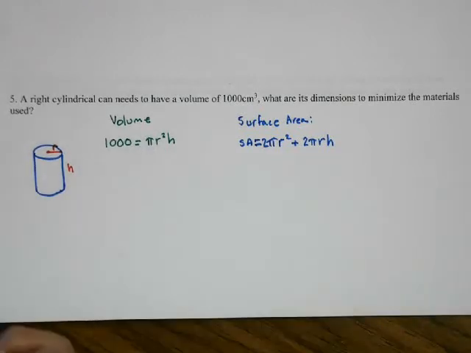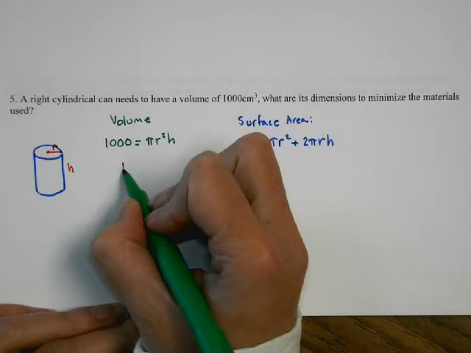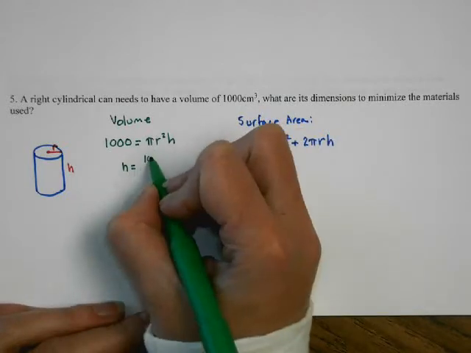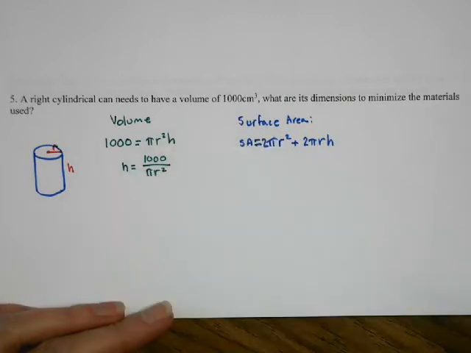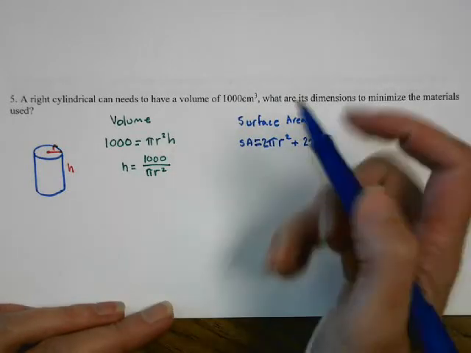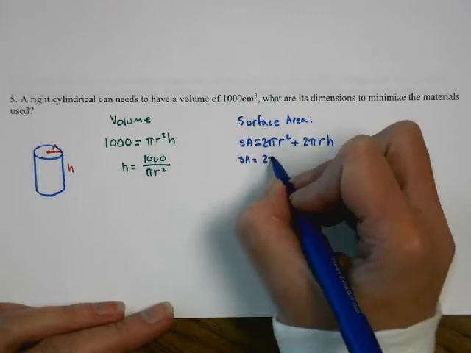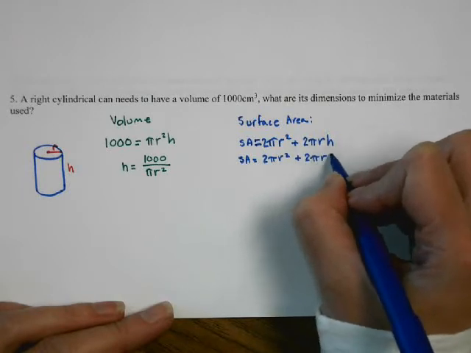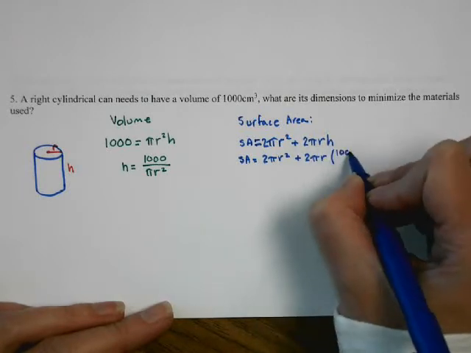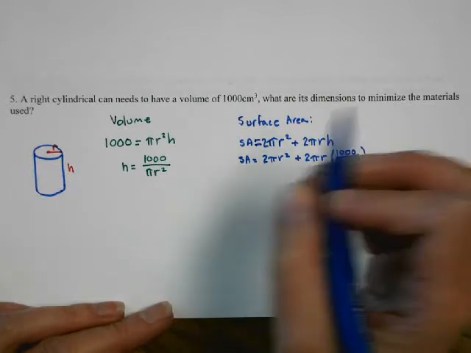So we need to solve this equation for one of the variables. H is going to be the easiest. So H is going to be 1,000 divided by pi r squared. So my surface area is going to be 2 pi r squared plus 2 pi r times 1,000 divided by pi r squared.